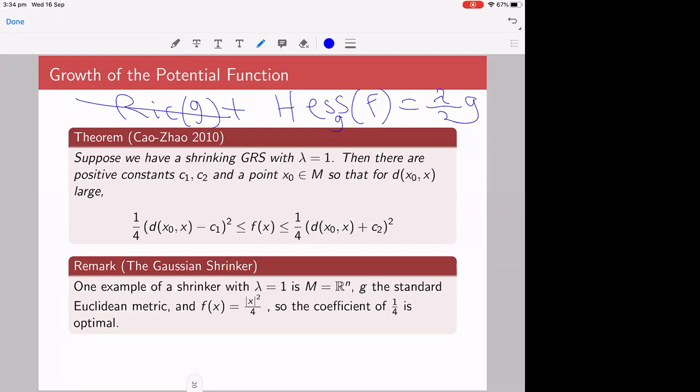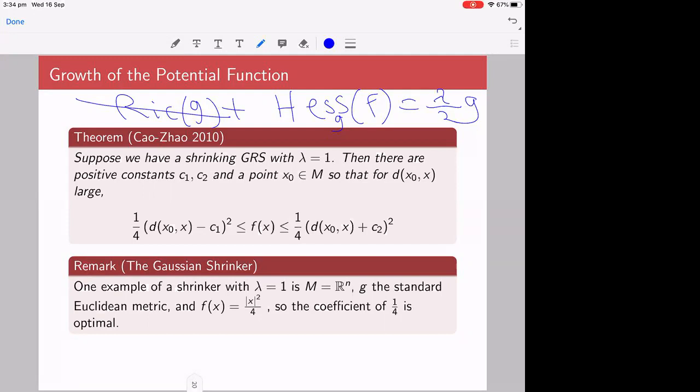So this means that Rn is a shrinking soliton. And that explains why the cylinder is also a shrinking soliton, because it's the direct product of two separate shrinking solitons. But the other important thing to note here is that this coefficient of a quarter is optimal, because it's exactly what you get in the Gaussian case.